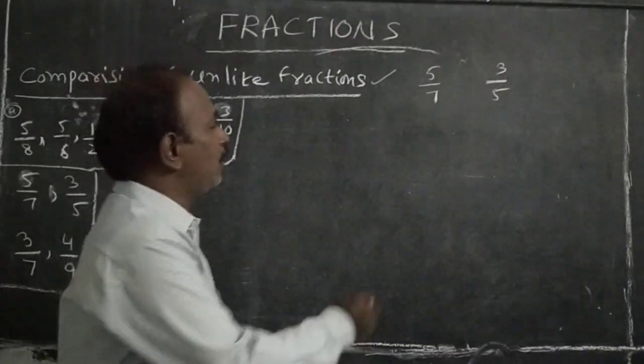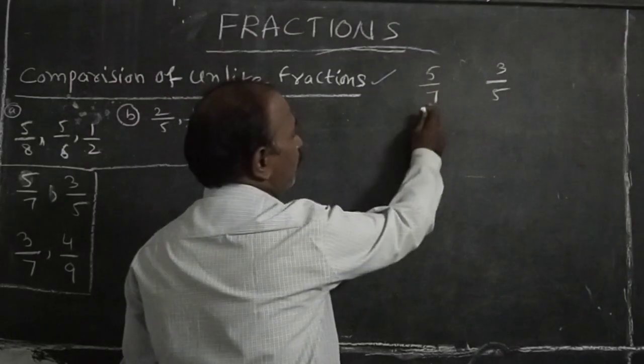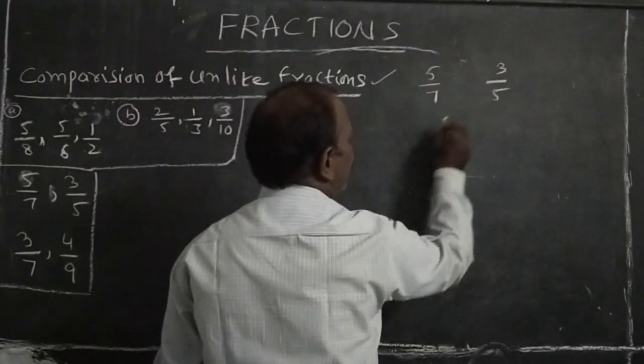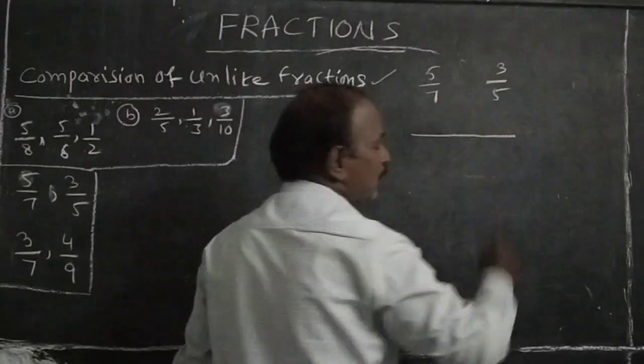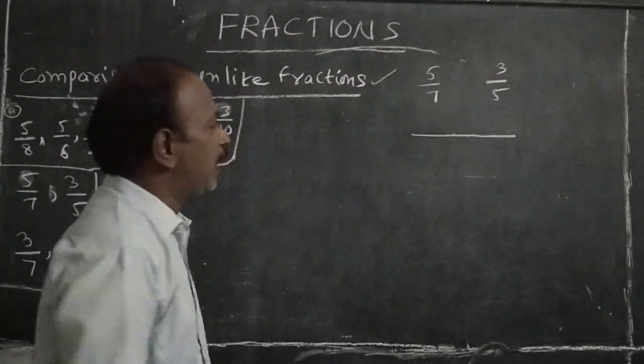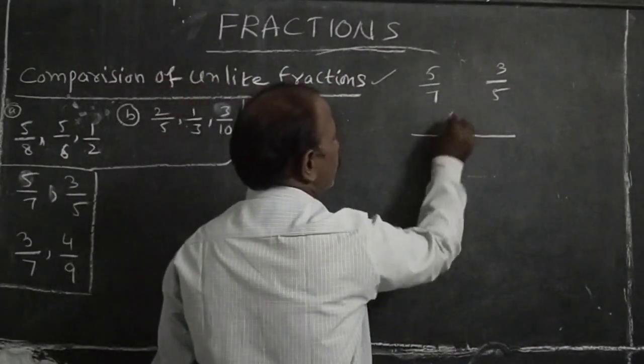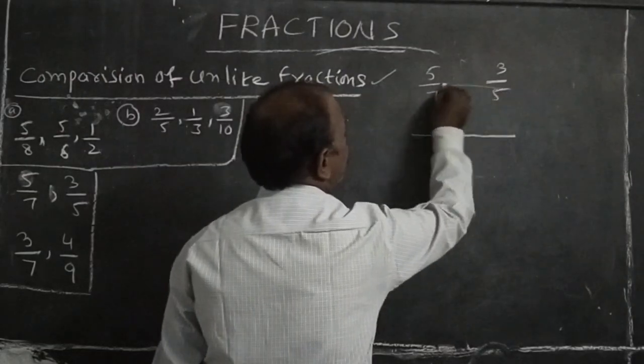First of all, the given fractions are 5 by 7 and 3 by 5. The simplest way is to multiply these two denominators, 7 into 5.